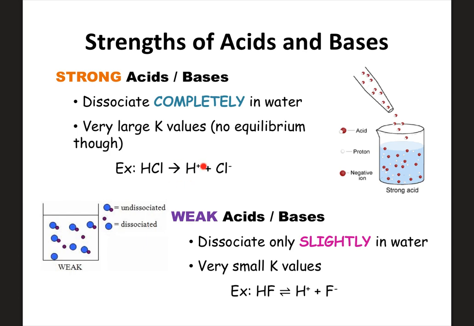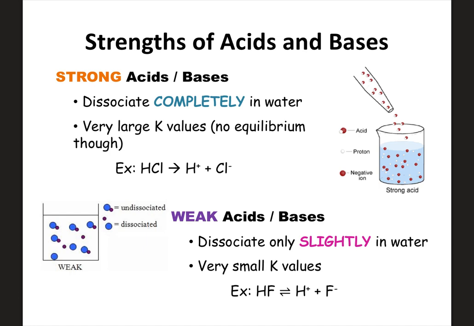If we look at this beaker of this strong acid, notice all of the molecules here are completely dissociated. All you see in this picture is a beaker of positive and negative ions. You don't see any of the original acid still together because it dissociates 100% into the ions for any strong acid or base.